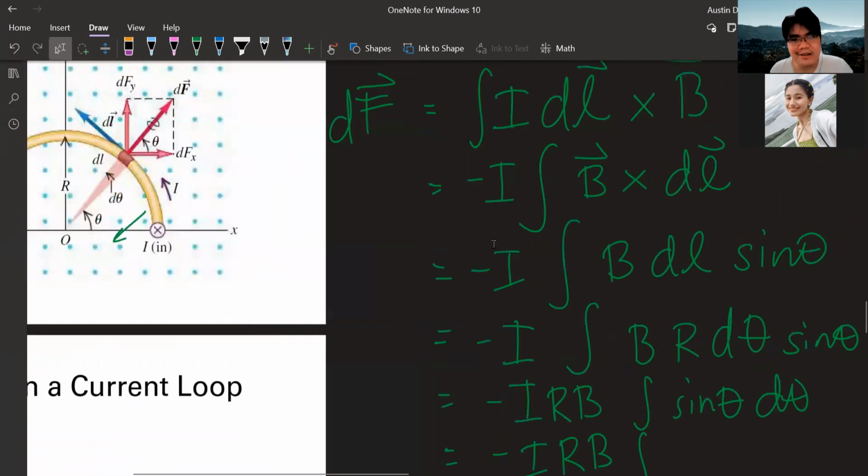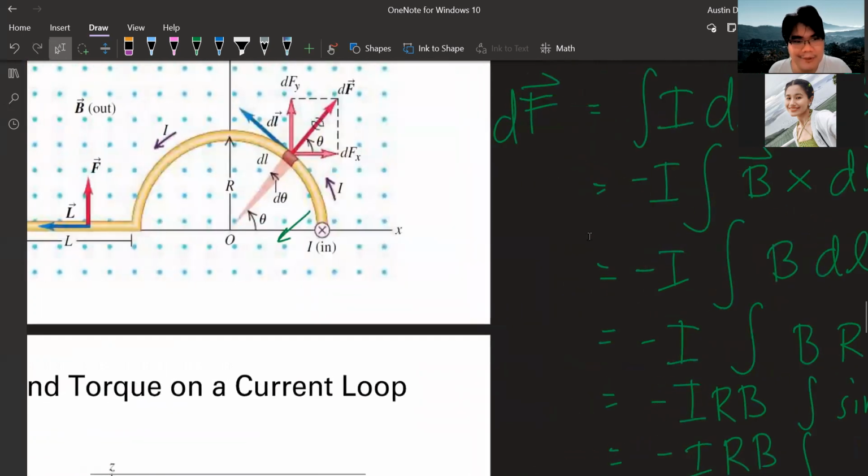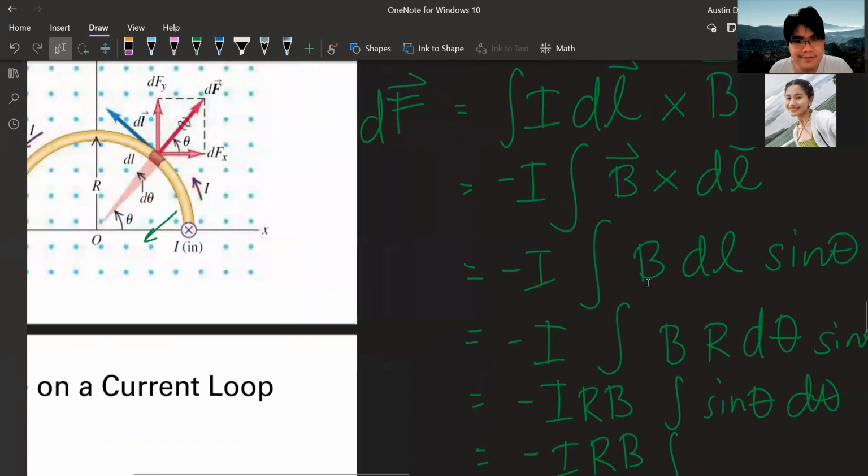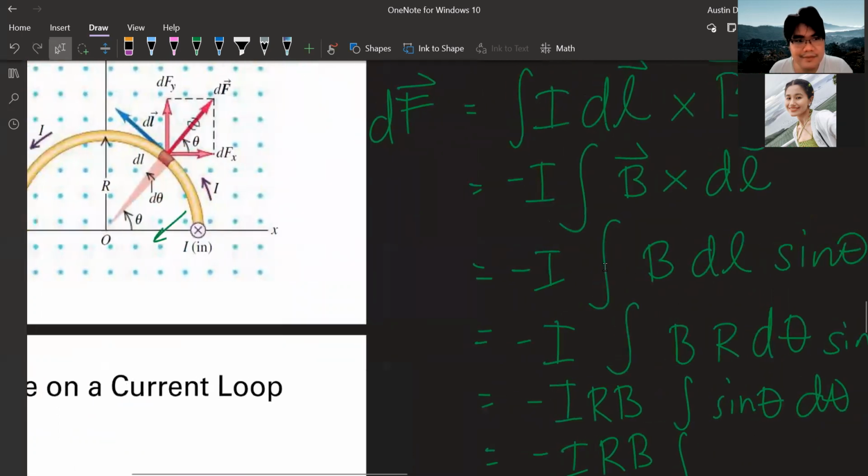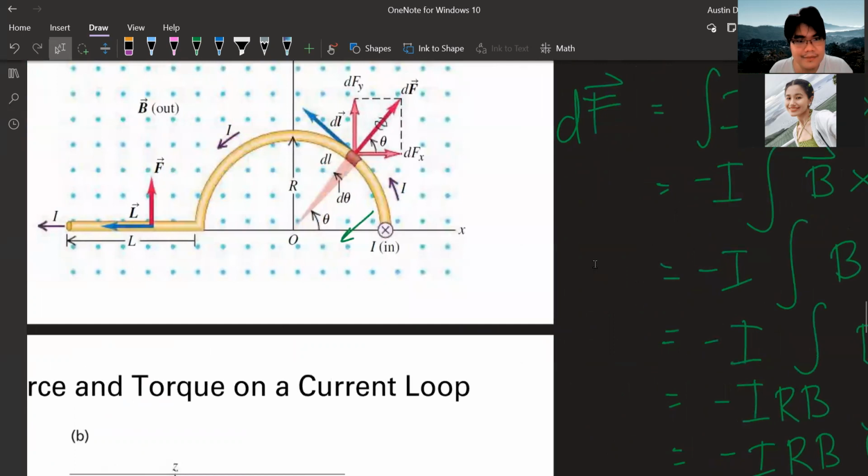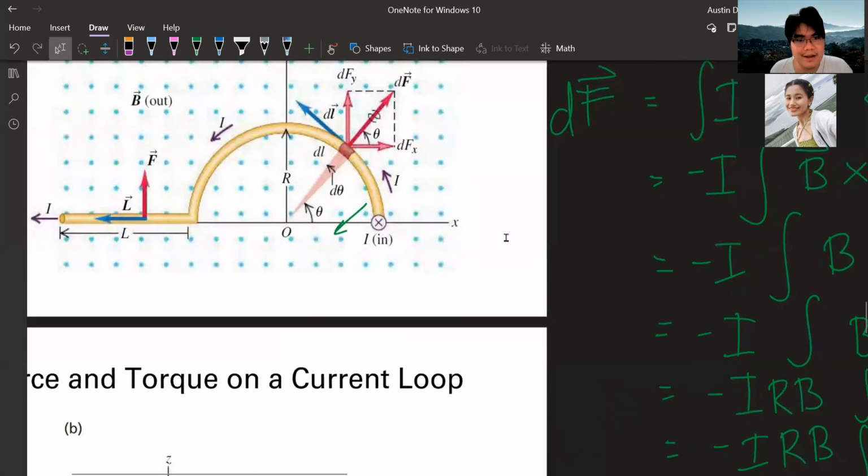Okay, so mas nakakalito pag nilipat mo sa ganitong form. Okay, nakakalito siya.